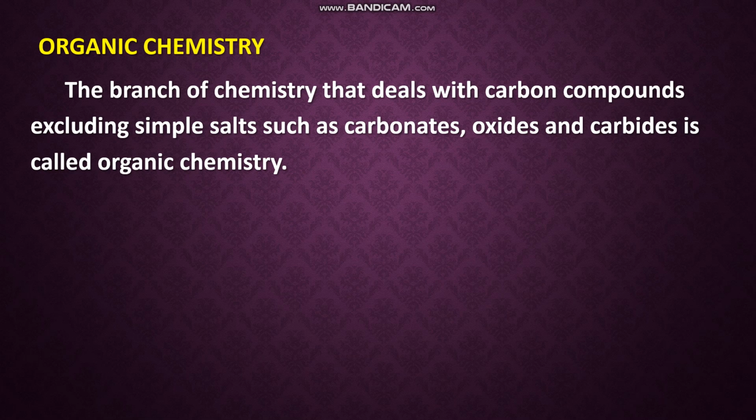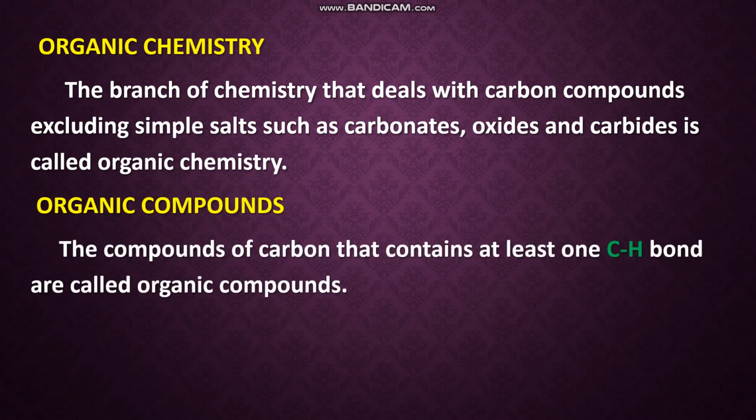Organic chemistry means the branch of chemistry that deals with the carbon compounds, excluding compounds like carbonates, oxides and carbides. So why are they not included in organic chemistry? For that, let us see the definition of organic compounds. The compounds of carbon that contain at least one C-H bond, carbon-hydrogen bond, are called organic compounds.